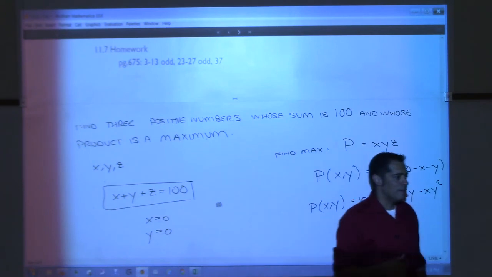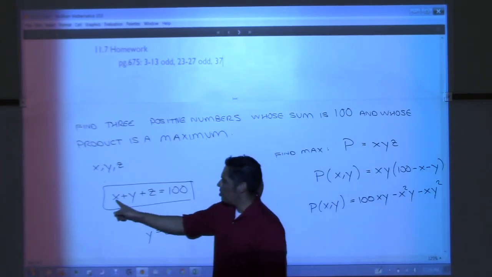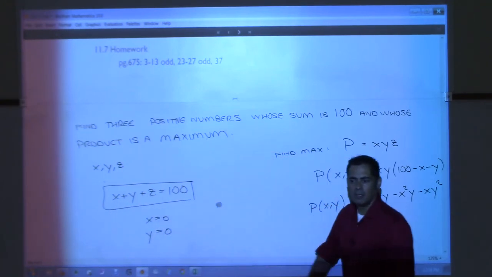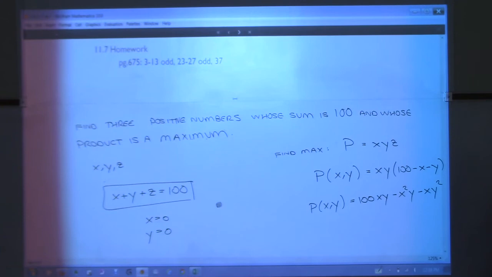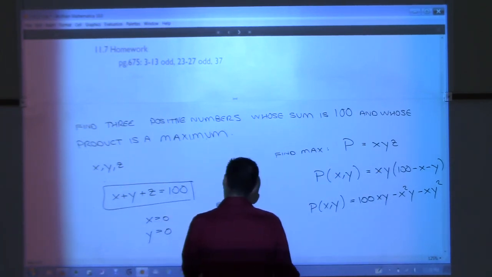So you think you could do like 99.9 and then these 2 or 2 others and it adds up to be 100? Yes? So x has to be between 0 and 100.